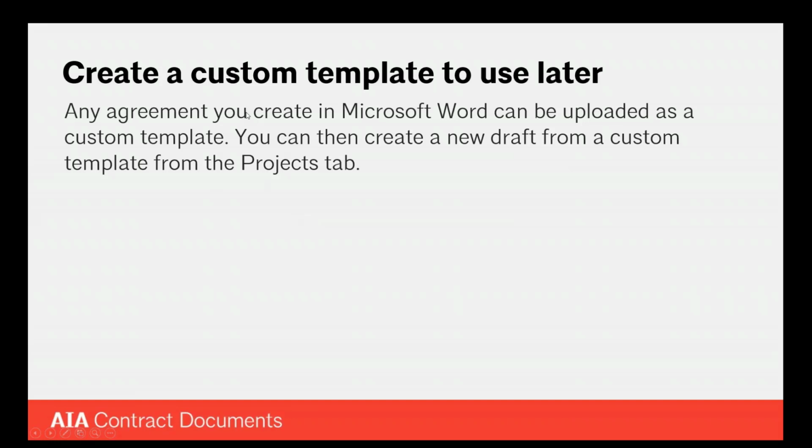The next thing I'll go through is creating a custom template. Any agreement you can create in Microsoft Word, you can turn into your own custom template. If you're using one standard template repeatedly and you make the same changes every time, it may be personal preference, it may be company approved language, things like that. If you want to save yourself some time, you can create your own custom template.